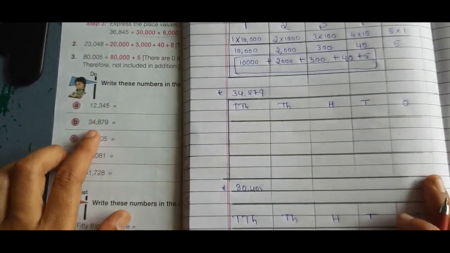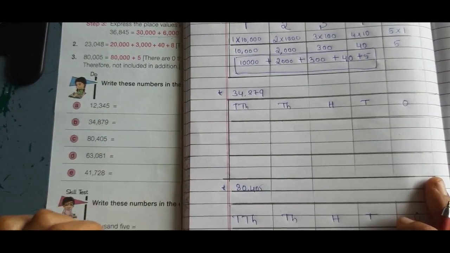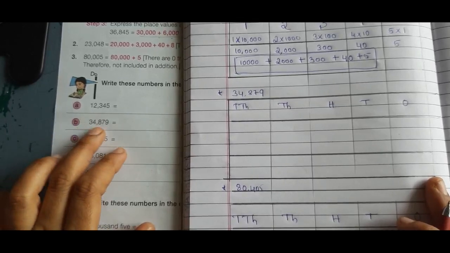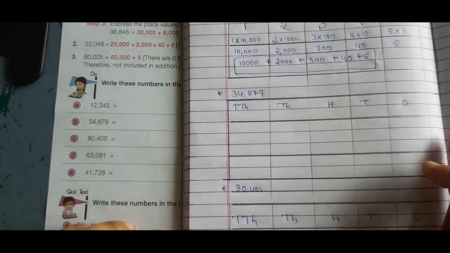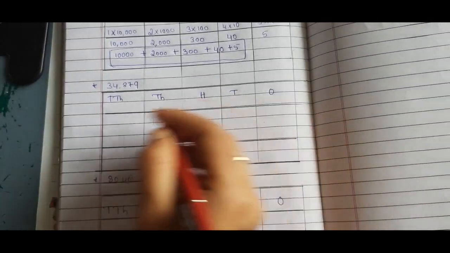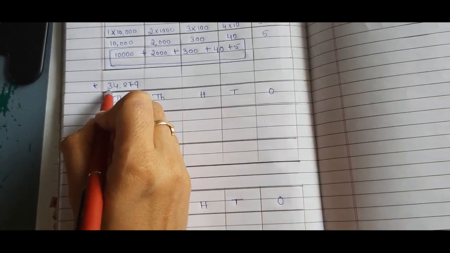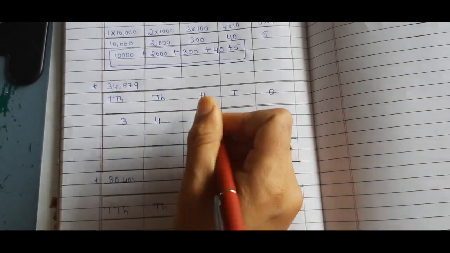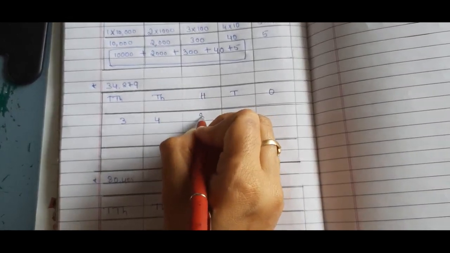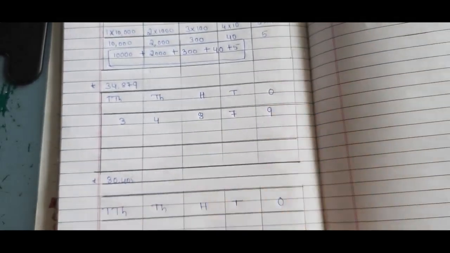See next example, what they have given? 34,875. Okay, insert these numbers. 3 is in which place? 10,000. 4 in 1000. 8 in 100 place. 7 in tens place. 9 in ones place.